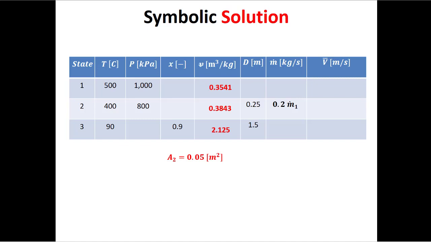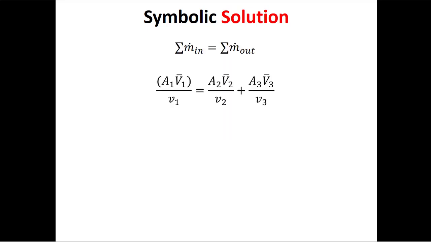I know from the diameter that the area at state 2 is 0.05 meters squared, and that the area at state 3 is 1.77 meters squared.